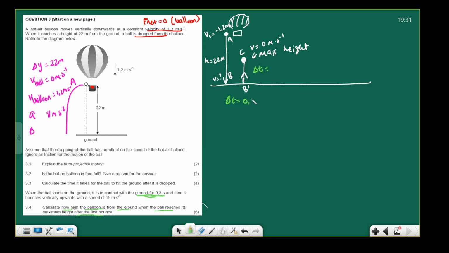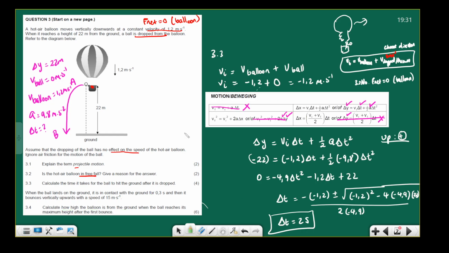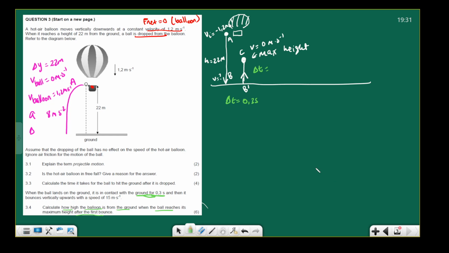Then we're also going to add the time that we got in 3.3. Remember, in 3.3 we said it took 2 seconds for the ball to hit the ground. So we take that 2 seconds, plus the time it was in contact with the ground, plus the time it takes to reach its maximum height after the first bounce.